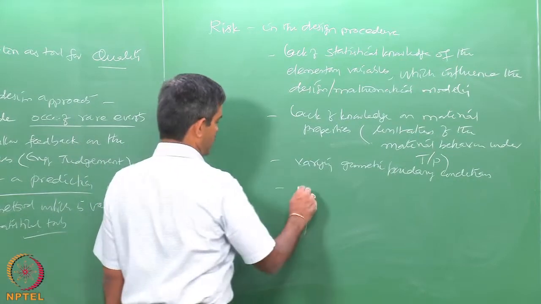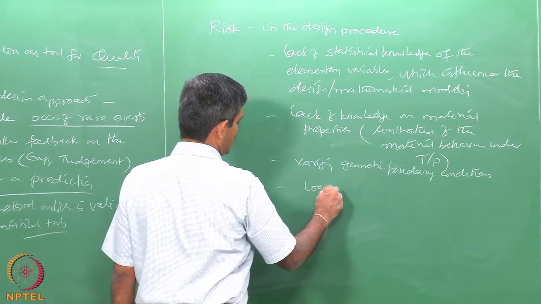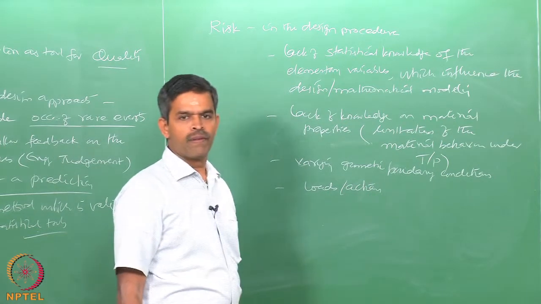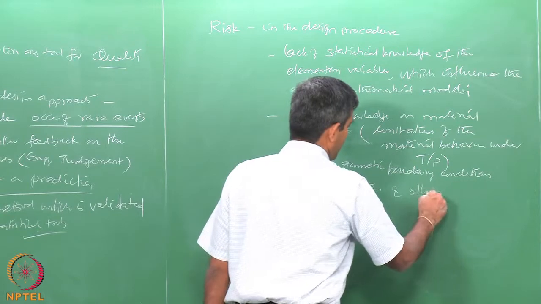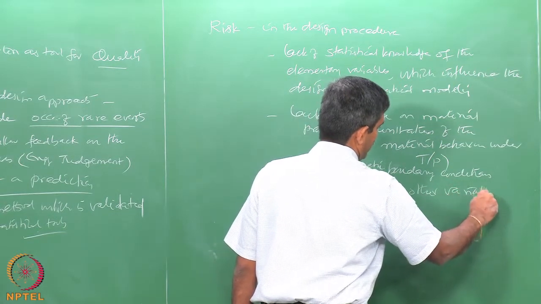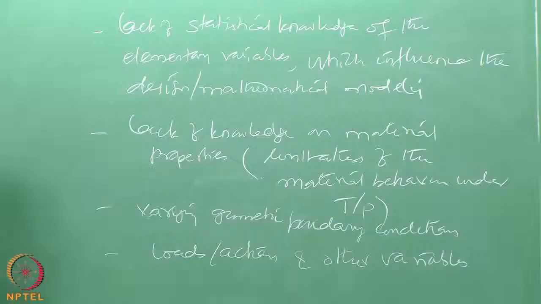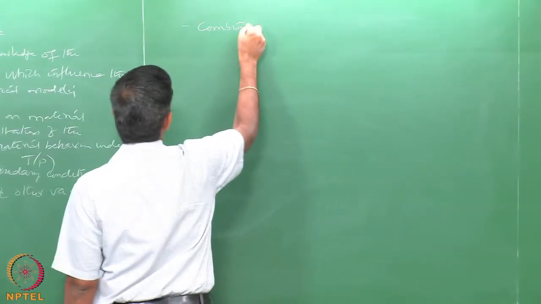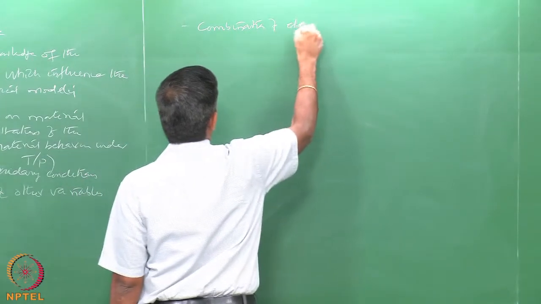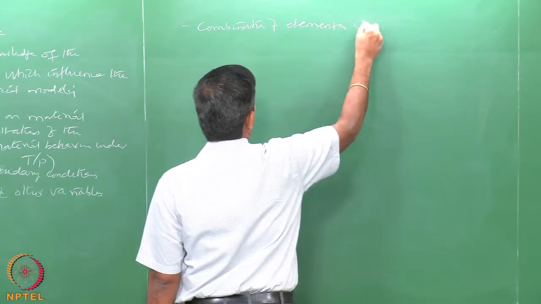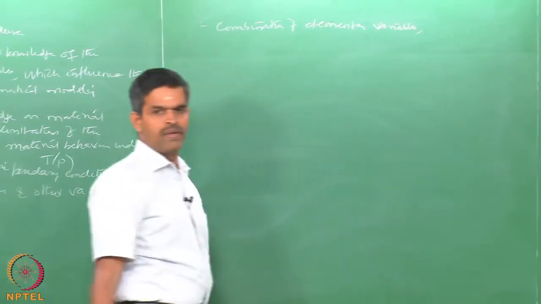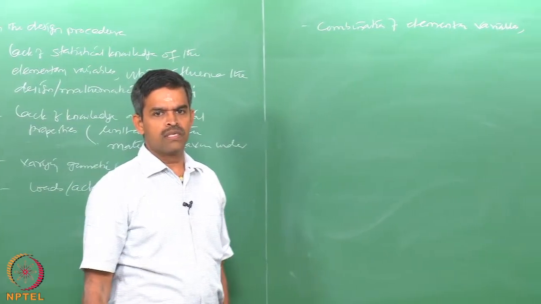It also varies on loads or actions and other variables. Therefore, a combination of elementary variables as listed here results in a complex model.